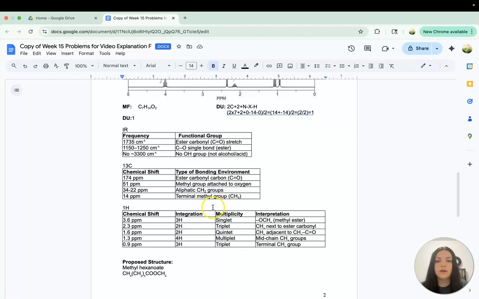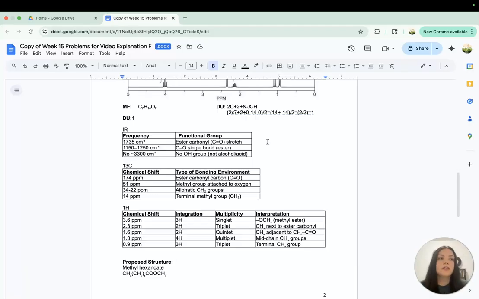Looking at the IR spectrum, this little chart right here, I observed 1,735 wave numbers. The strong absorption near 1,735 is characteristic of an ester carbonyl stretch, not a carboxylic acid.